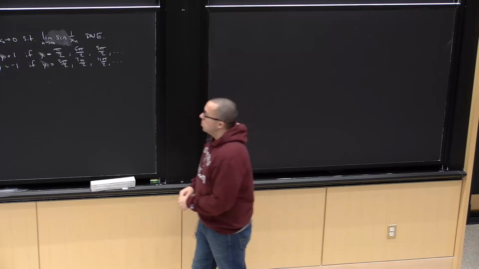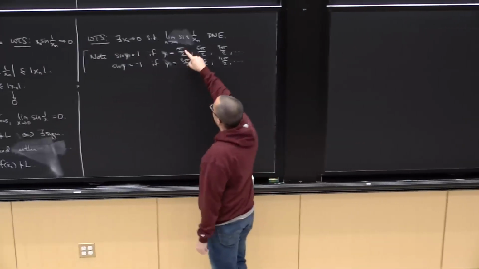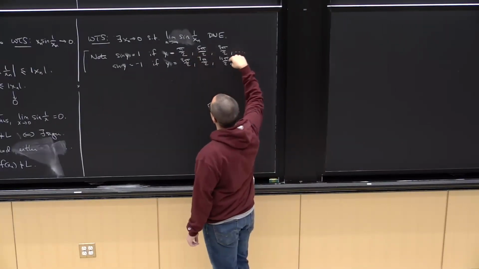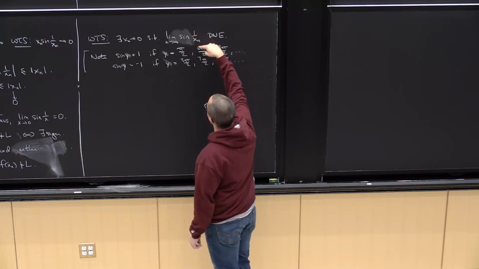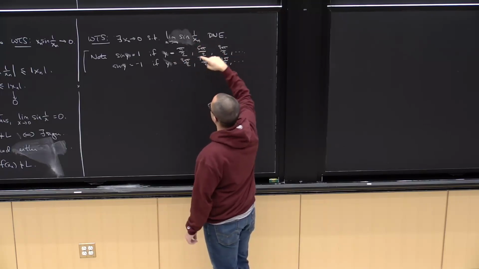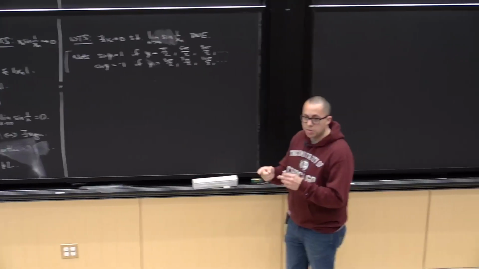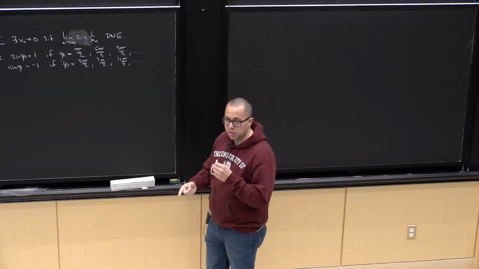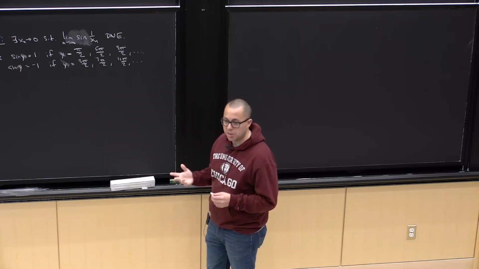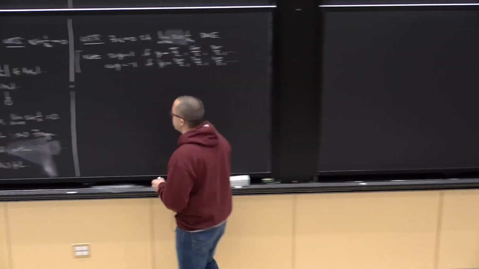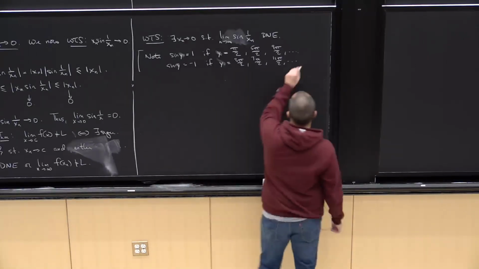But that means if I stick 1 over these numbers into sine of 1 over x, I get 1 or minus 1. And so then that sequence that I get will be 1 or minus 1 alternating. And we know that sequence does not converge. So that's the idea. So let me write that down.